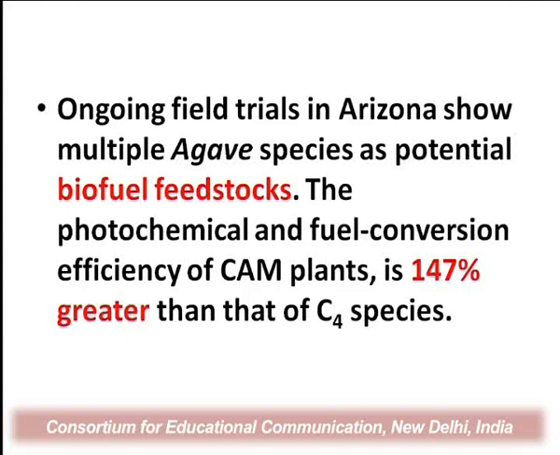147% greater than that of the C4 species, which itself talks about their potential. And out of these, agave americana appears to be the most productive and cold tolerant species which has been tested, and there is very strong viability of agave americana acting as an ethanol feedstock.